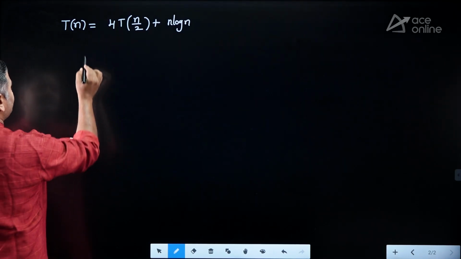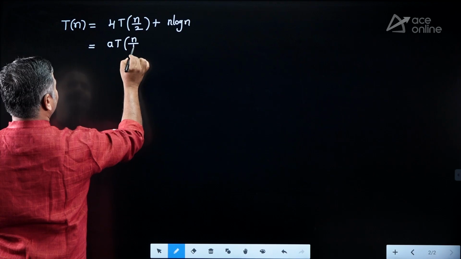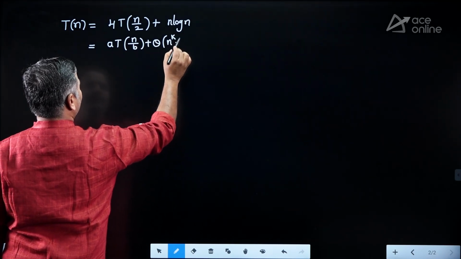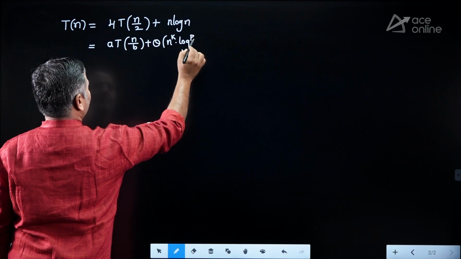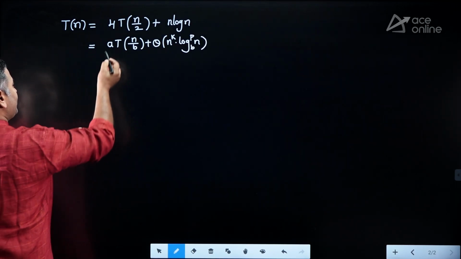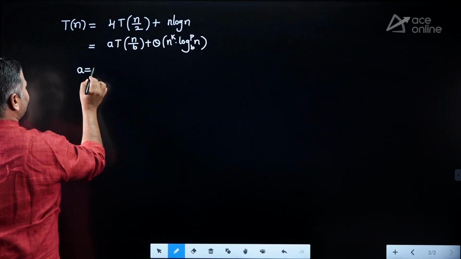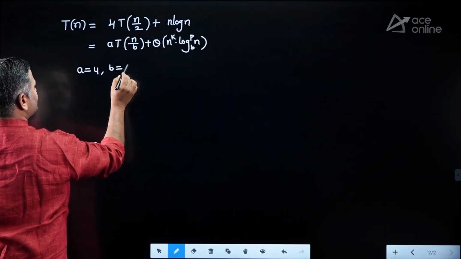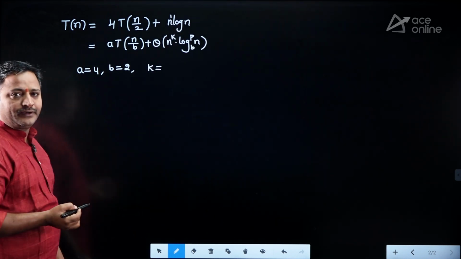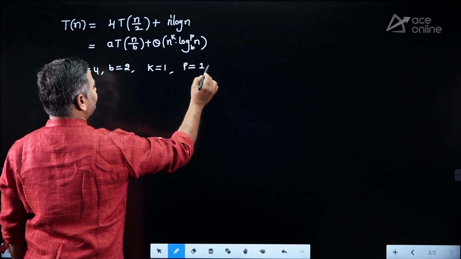By comparing, we can write it as a into t of n by b plus theta of n power k into log power p n to the base 2. Right, friends? So by comparing with the standard form, a value is equal to 4, b value equals 2, n to the power of k equals n to the power of 1, so k value equals 1 and p value equals 1.